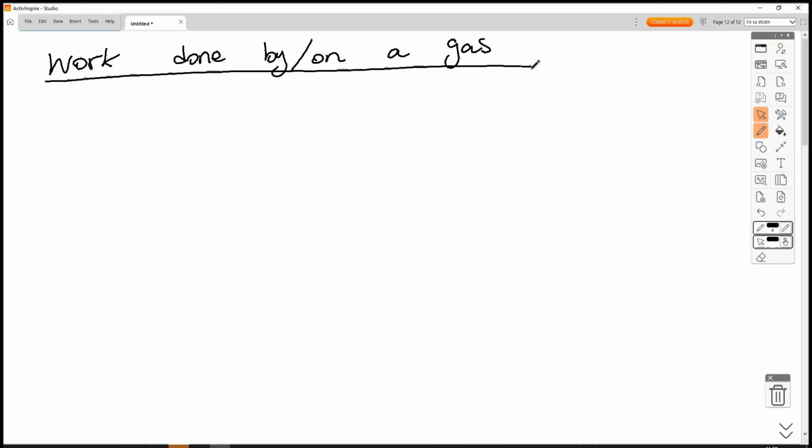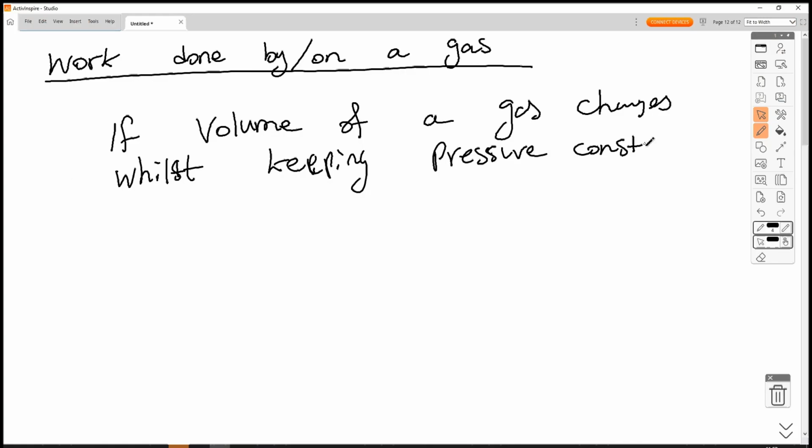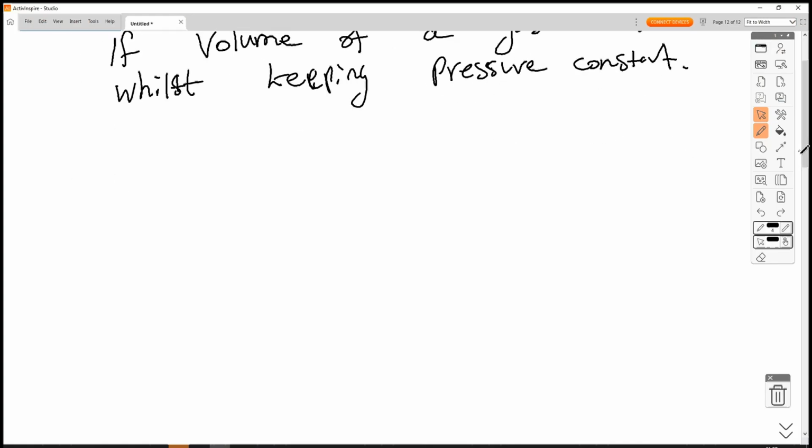So let's look at the first diagram. If the volume of a gas changes whilst keeping the pressure constant, we have a diagram which looks like this.